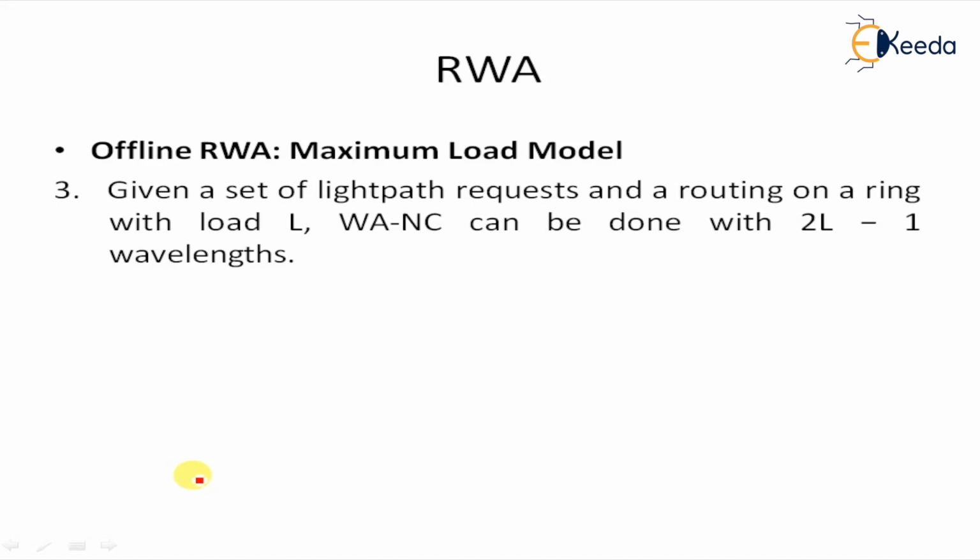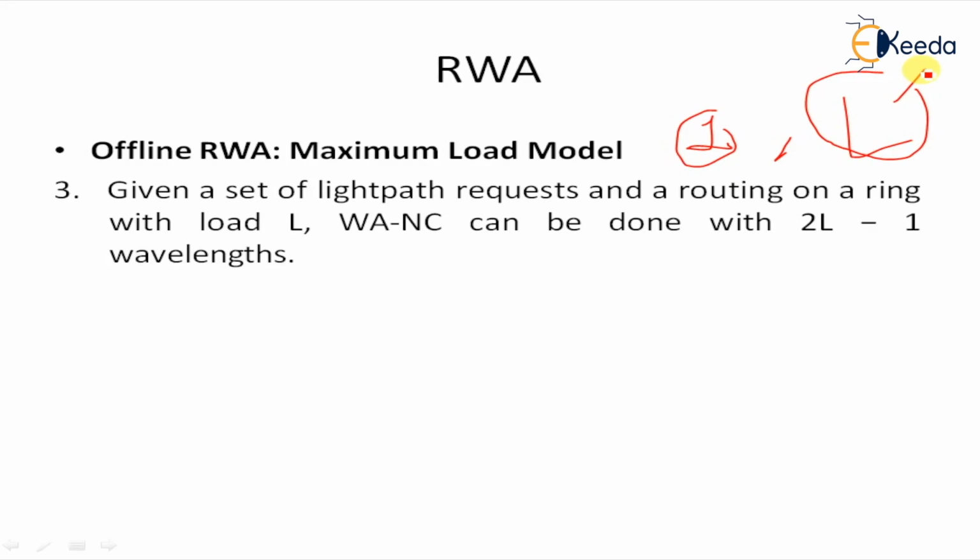So this determines the node in the ring with the minimum number of paths passing through it. Consider an interval graph with the maximum load of capital L, which can be colored with how many wavelengths? L wavelengths.